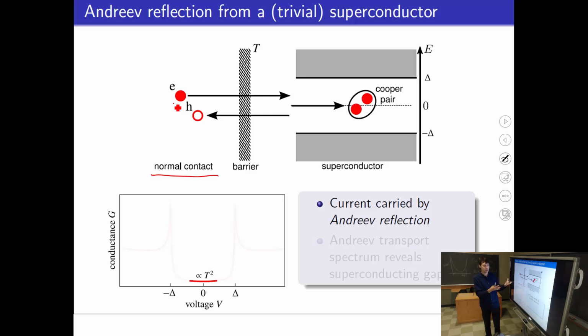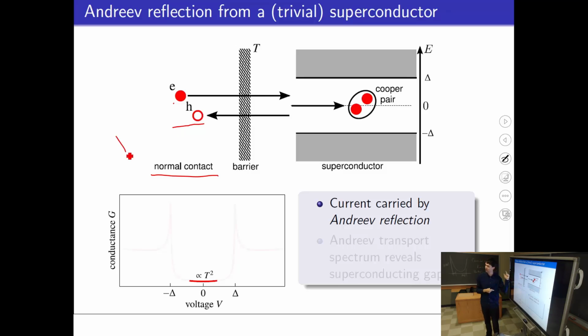So how can we construct a process in which we get current into the superconductor? Well, a Cooper pair must go this way, but now we started with one electron, and now we have two electrons that continue traveling. So there is a charge conservation problem. How do we solve it? We send a hole in the opposite direction. So this way, electrons go there, hole comes back, and therefore the current that goes this way is 2e, right?